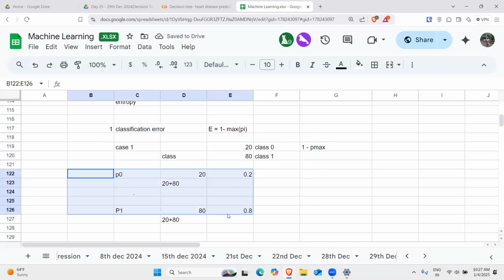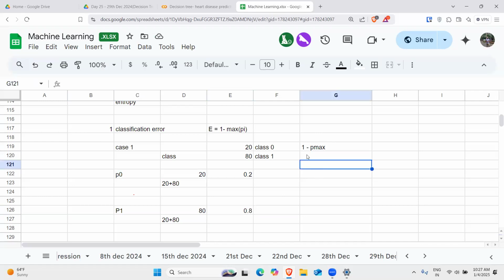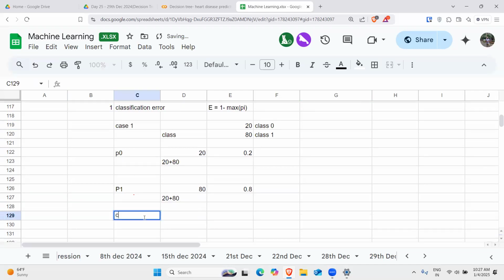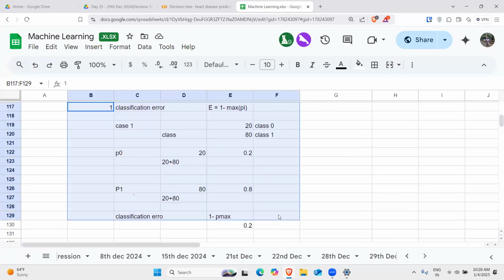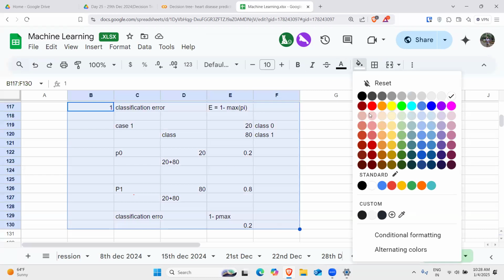So out of this, what is your maximum probability? 0.8. So classification error equals 1 minus P max, which becomes 1 minus 0.8, which becomes 0.2. So your classification error in this case becomes 0.2. That becomes your first and simple classification error concept.